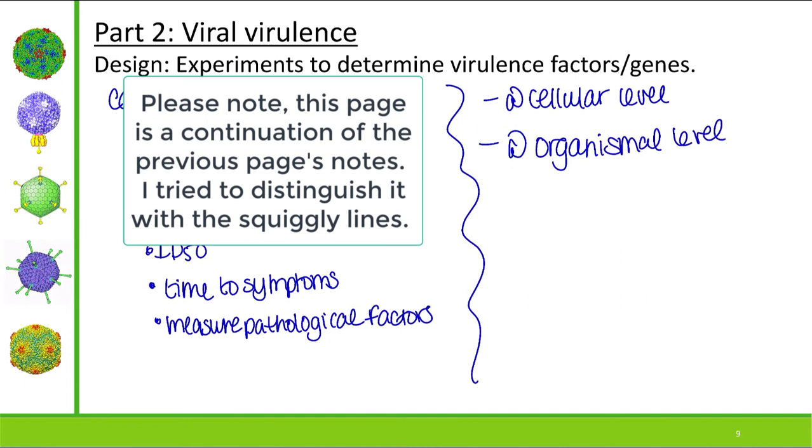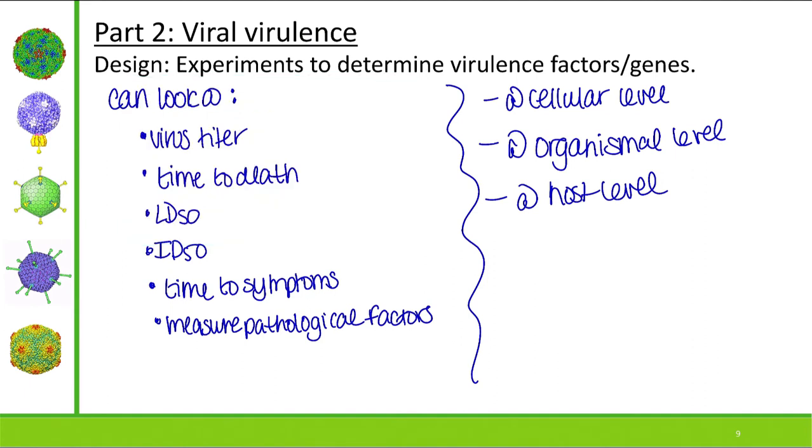You can also look at this at the host level. So when I say organismal level, maybe you're looking at the different model animals that we can use to study this virus.